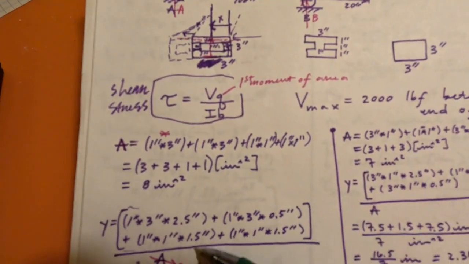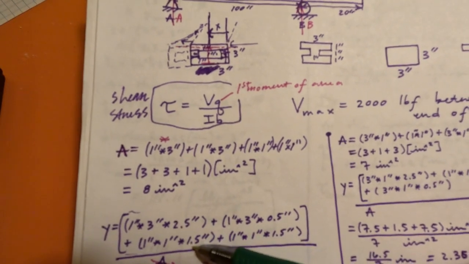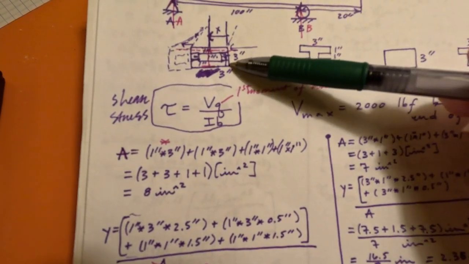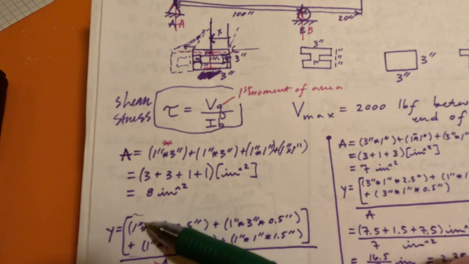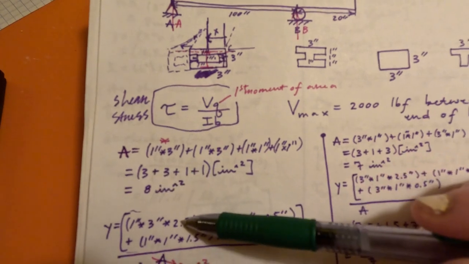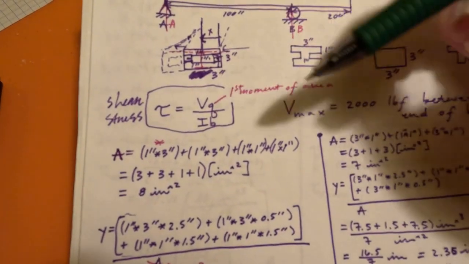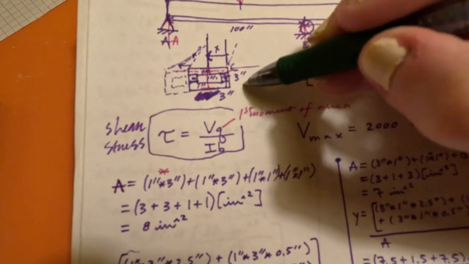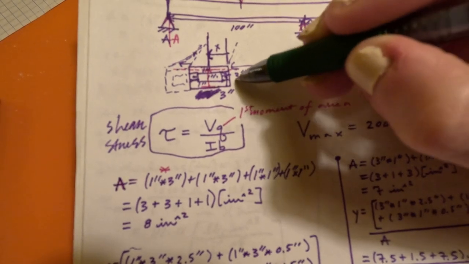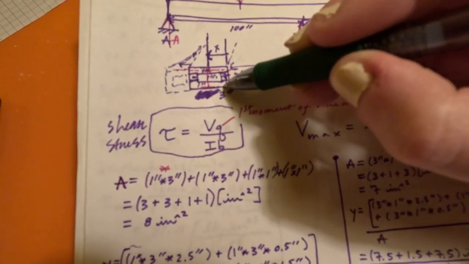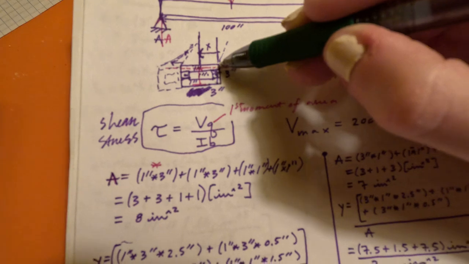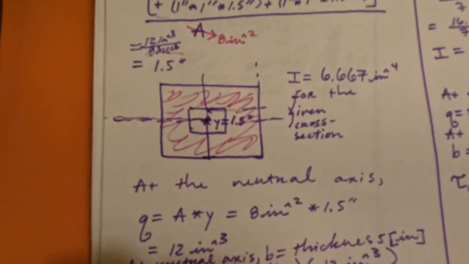That's awesome. So now we're going to look at what our y value, or our neutral axis in this vertical direction, is. We're going to take the area for this top section, which I calculated here as 3, and multiply that by this location up from the plane we're calculating from, which is this bottom portion right here. It's 2.5 inches up to the midpoint.